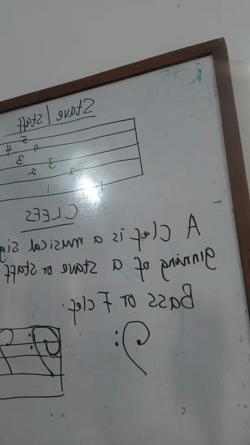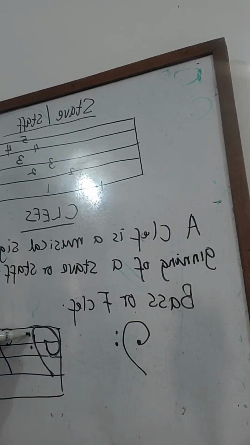So the bass or F clef begins its drawing at the fourth line and fixes line 4 as F. So it begins from the fourth line and fixes that line as F.